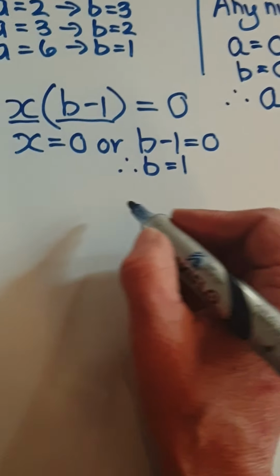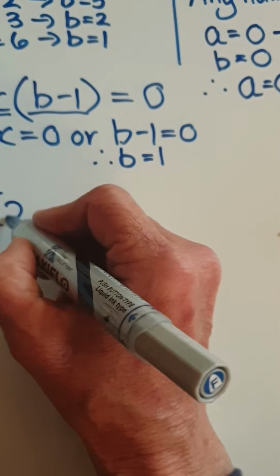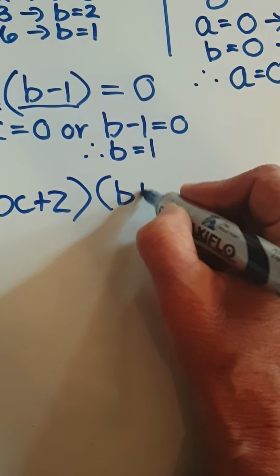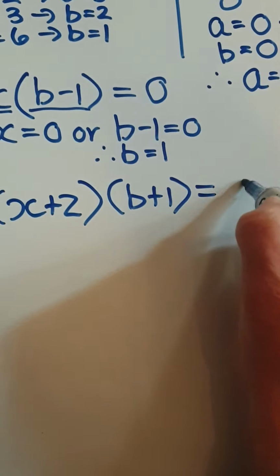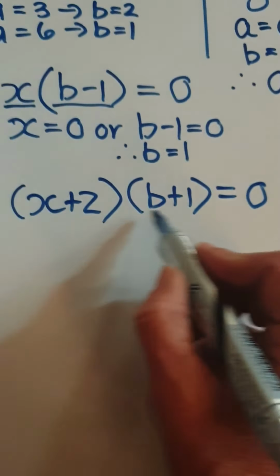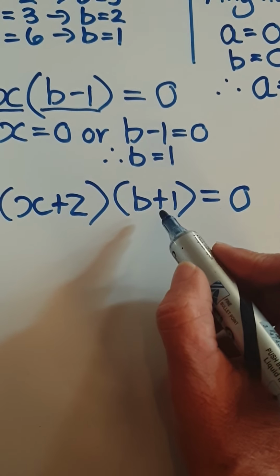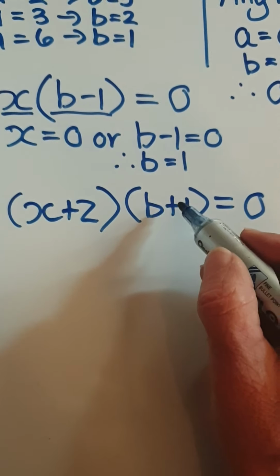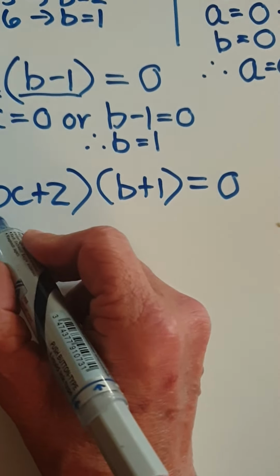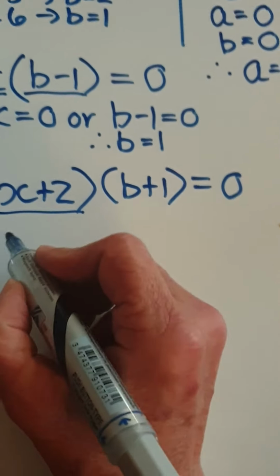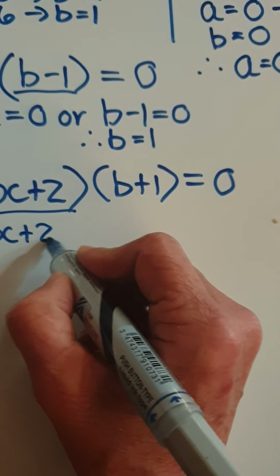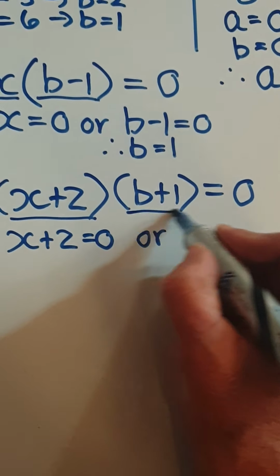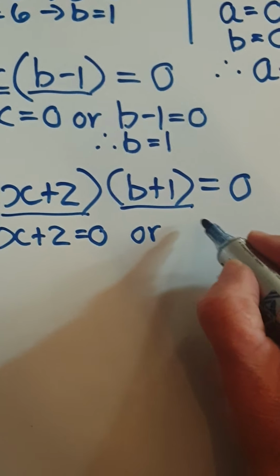Or let's look at another one. If I have (x plus 2)(b plus 1) equal to 0, I have a product of factors on the left-hand side. To make this equation true and to make it 0, it means either this factor, the x plus 2, must be 0, or the other factor, b plus 1, must be 0.